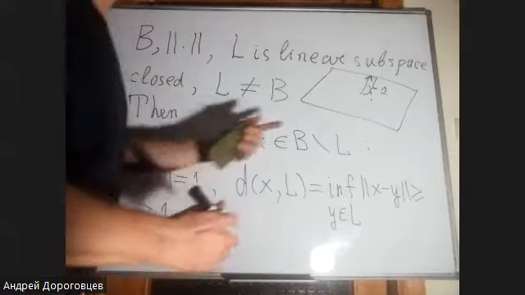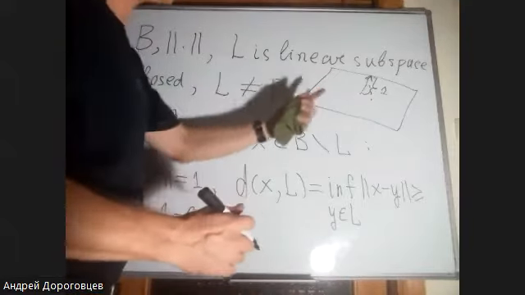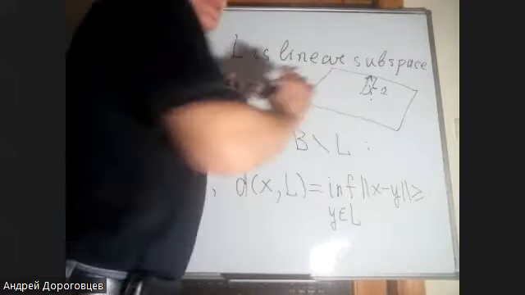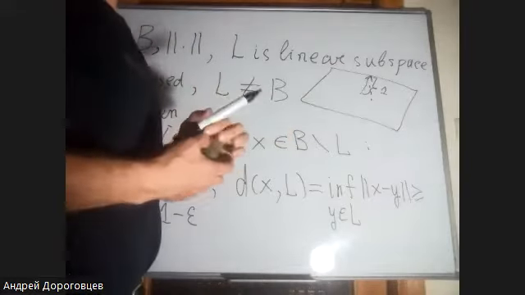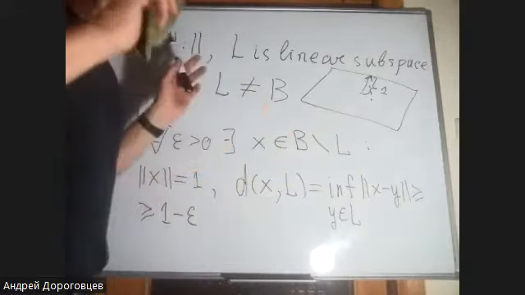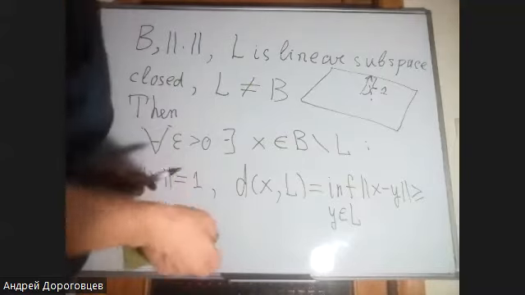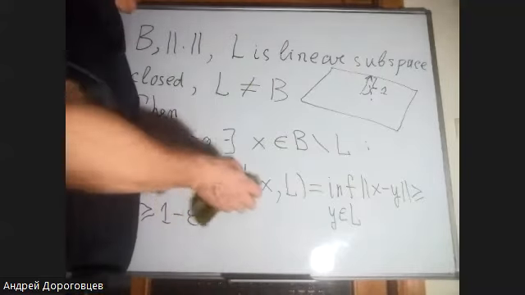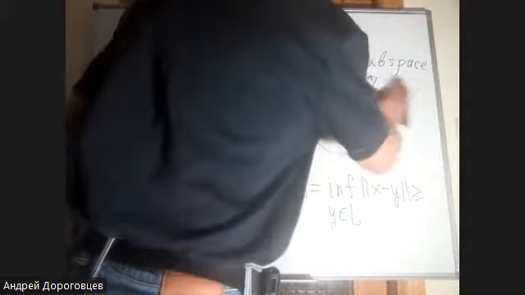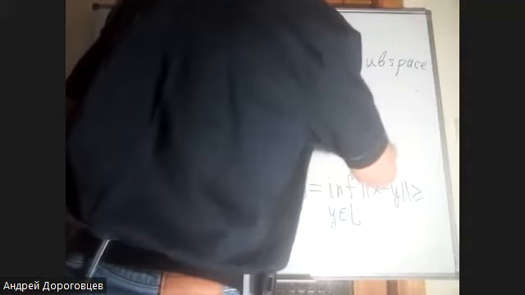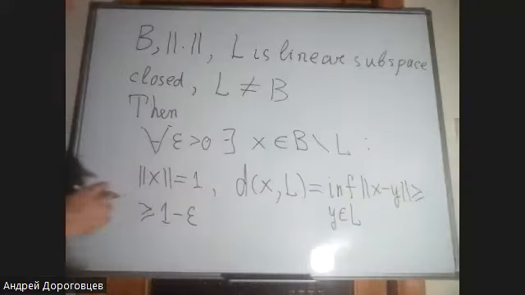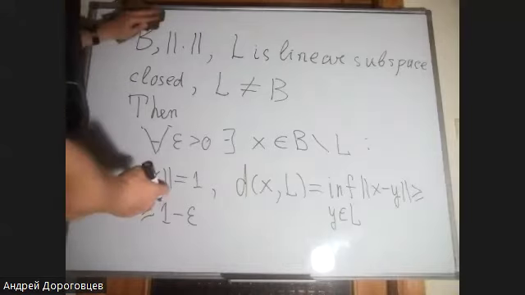So for arbitrary epsilon, we can find such an almost orthogonal vector to our space, orthogonal in brackets. And this lemma has the name, the lemma about almost orthogonal vector. Now let's check the proof of this statement.